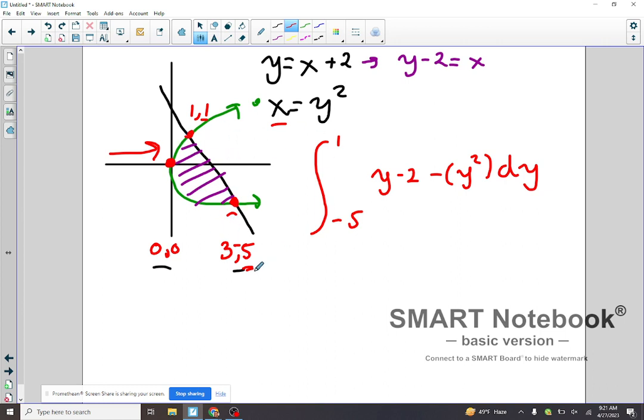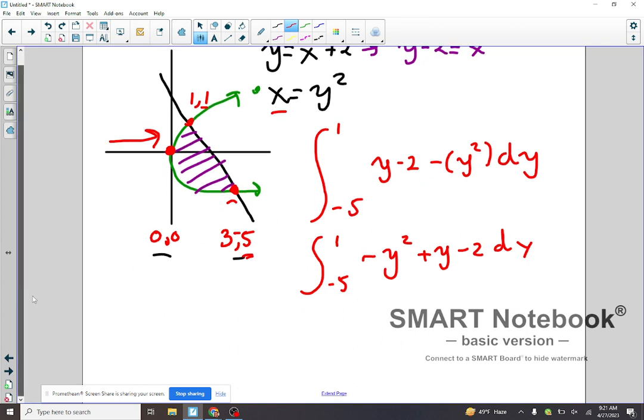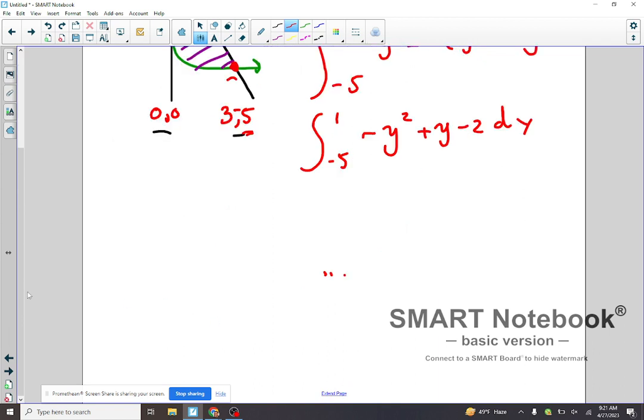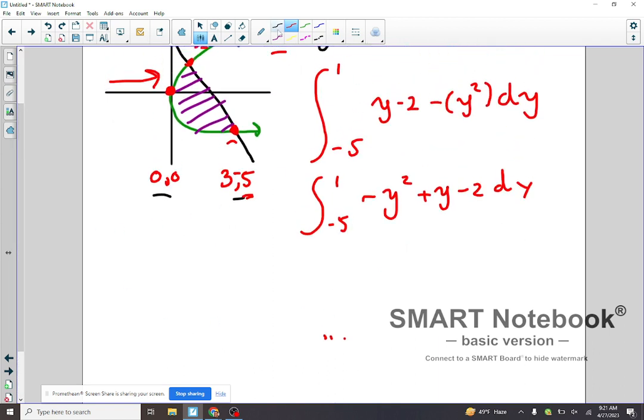So let's just pretend this is, for example, from 1 to -5, negative y squared plus y minus 2 dy. A little anti-derive. You're going to see a lot of them are similar just because I don't want to make them too complicated. So it's usually like a parabola and a line or 2 parabolas.